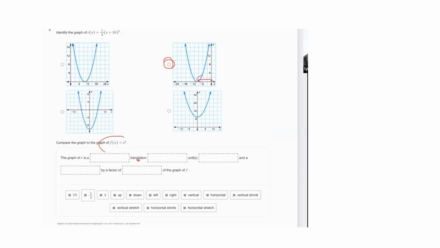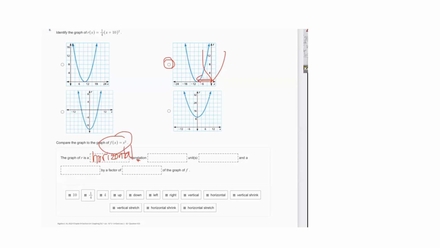This one would have been at the origin, but we slid it, so we translated it. Which direction did we slide it? Did we slide it vertically or horizontally? Horizontal. Yeah, so it's a horizontal slide, or translation.